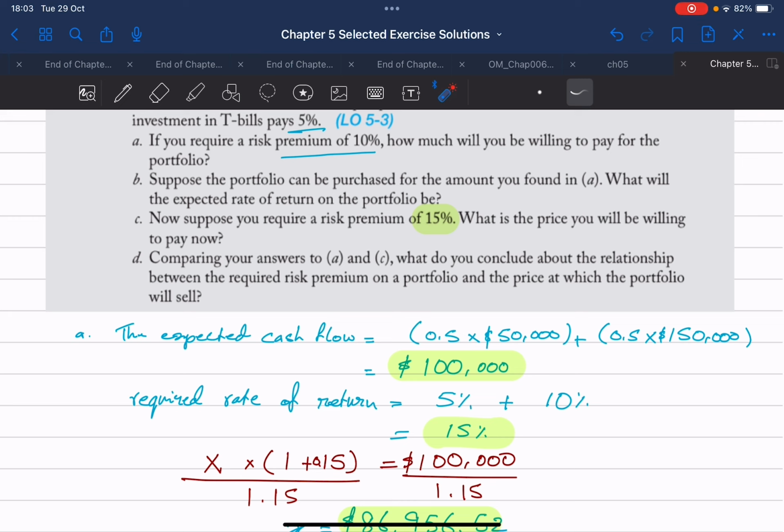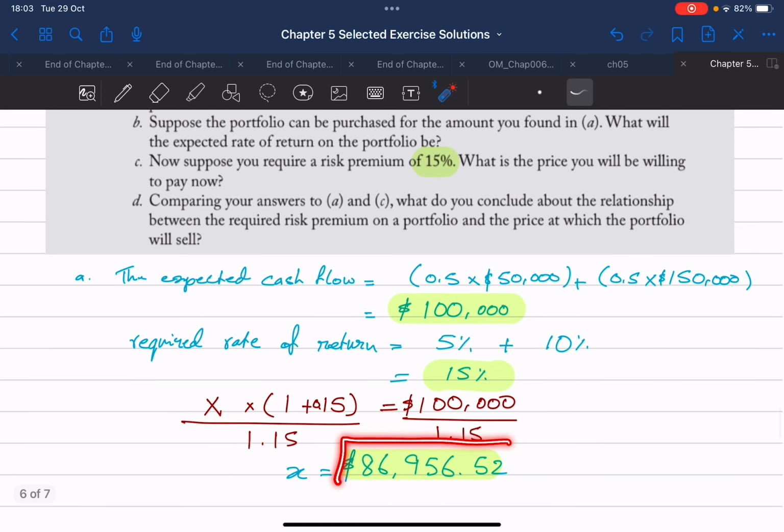So meaning that if I can buy this investment that will generate $100,000 for the amount that we calculated here, what would be the rate of return? Now this process is circular, because we already calculated that if we require a rate of return of 15%, then this amount should be the maximum amount that we should be willing to pay in order to generate this 100,000. Okay, so the process is also applicable the other way around.